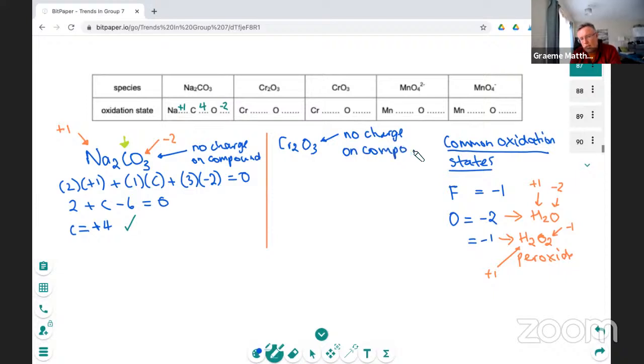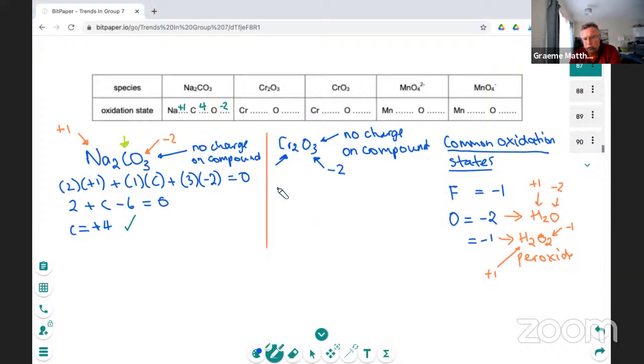And the reason I mention that is because the next thing I'm going to say is, well, oxygen, there is no way oxygen can be a peroxide of -1. So oxygen is -2. Obviously, chromium is my transition metal, so it's my variable.